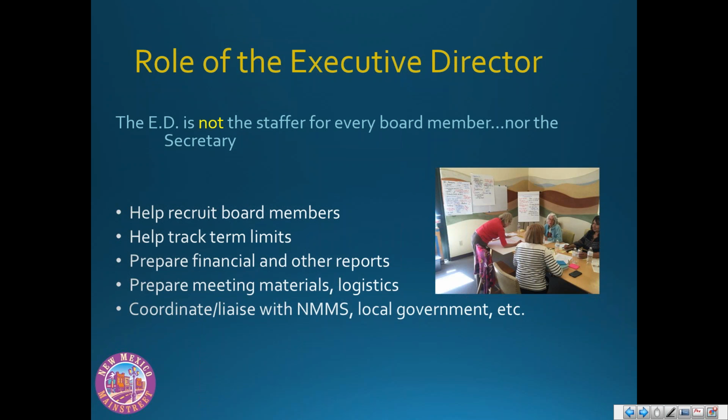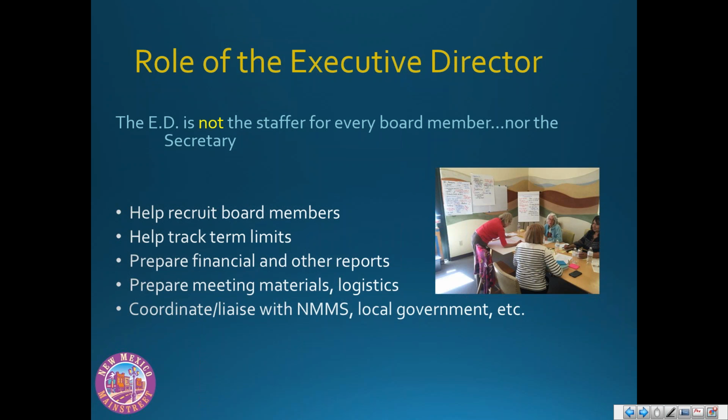The executive director should help you recruit board members when they see somebody in the community that is interested in your organization and wants to do the work. They should help you track the term limits for your officers and the board members. If you don't have an accountant doing that for you, the executive director should be preparing the financial and other reports.